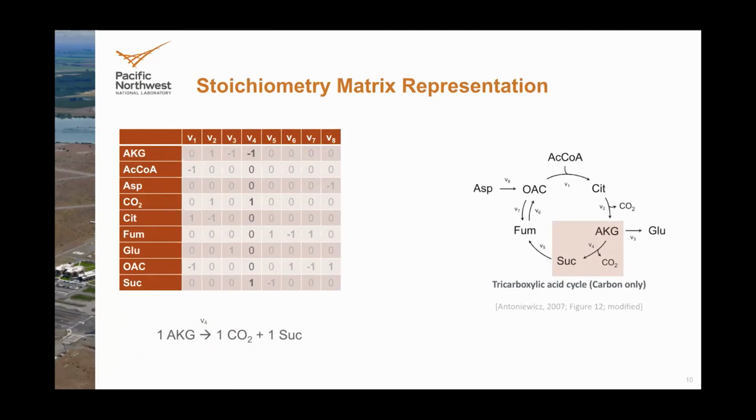Here we've got alpha ketoglutarate going to succinate and a bit of carbon dioxide. In the column I've highlighted, we have a -1 stoichiometric coefficient for AKG, and carbon dioxide and succinate both have +1 as their coefficients. And these coefficients don't have to be integral, they can be fractions as well.